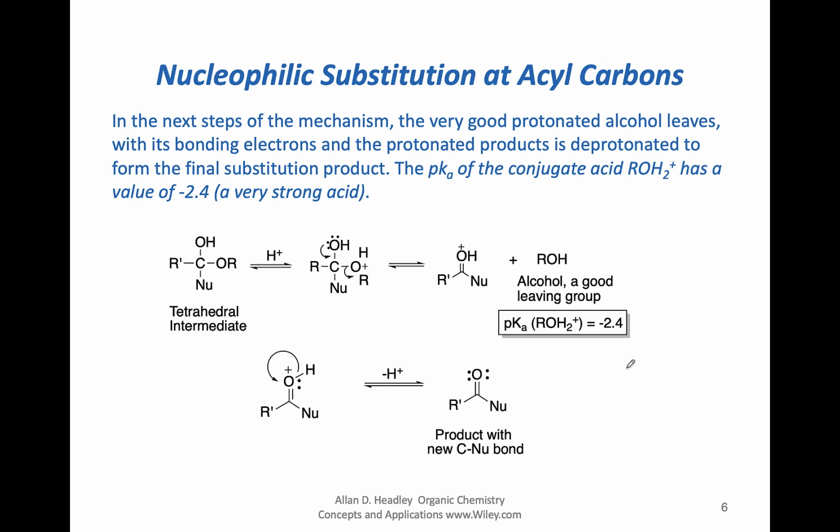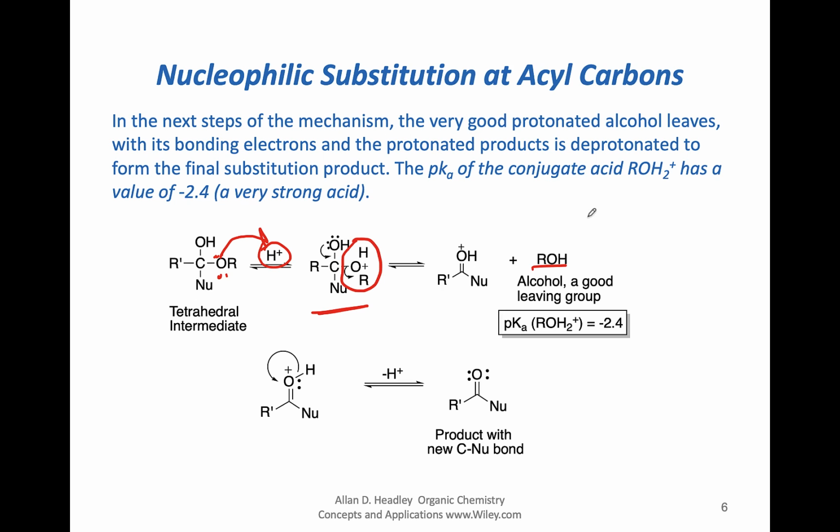However, since it is in an acidic medium, protonation can occur on this group here to give this protonated alcohol. This protonated alcohol can then leave, so that's our leaving group, it leaves as an alcohol.